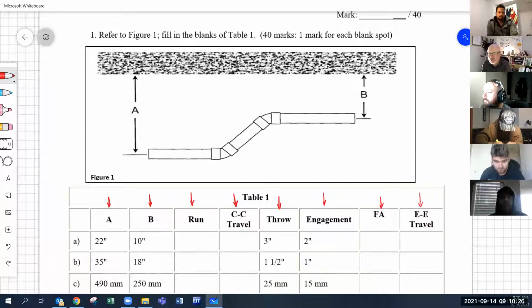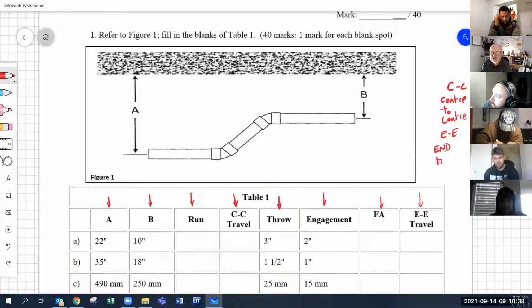You should know that C to C means center to center, and that A to E is end to end. We have face to end, that's face of a fitting to end. We have center to face. We have all these different little things that we use to describe our measurement.